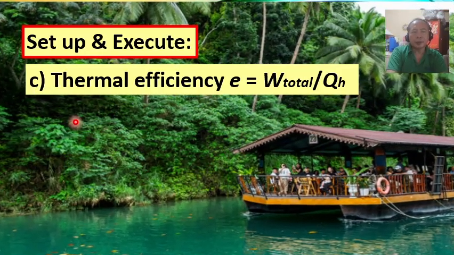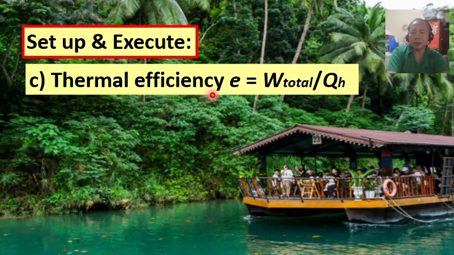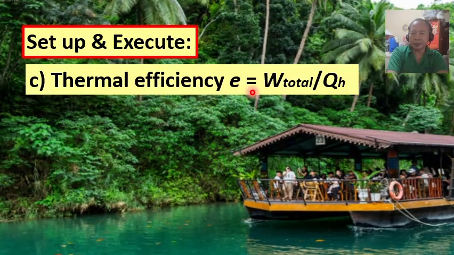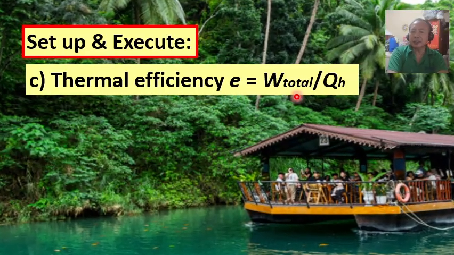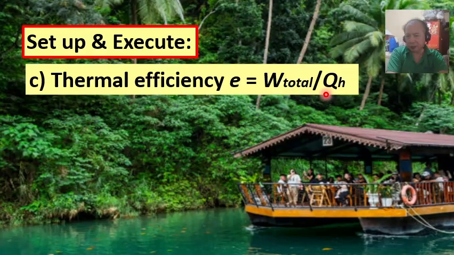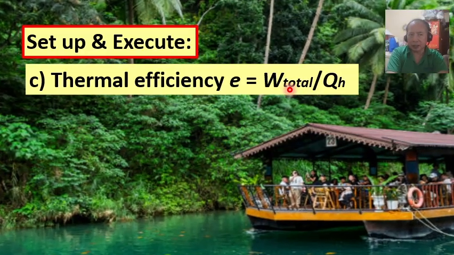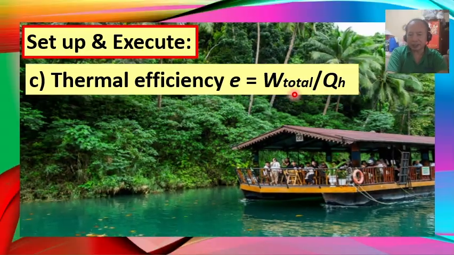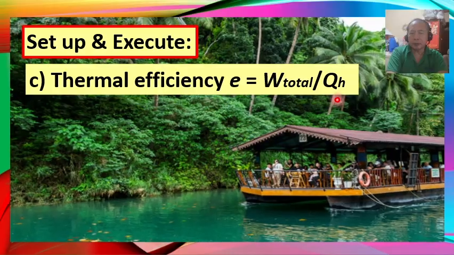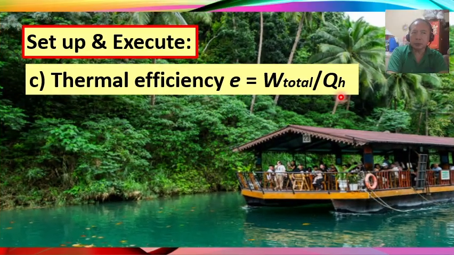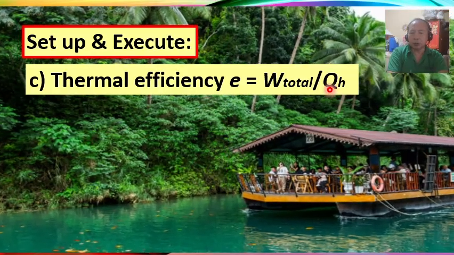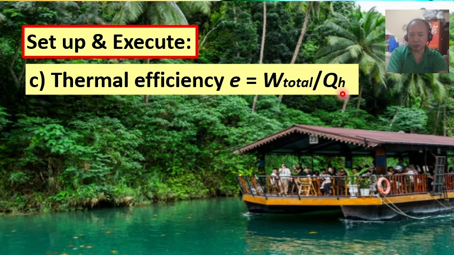The thermal efficiency, small e, is generally obtained by dividing the total work done by the gas or the system by the amount of heat input, or capital Q_H.